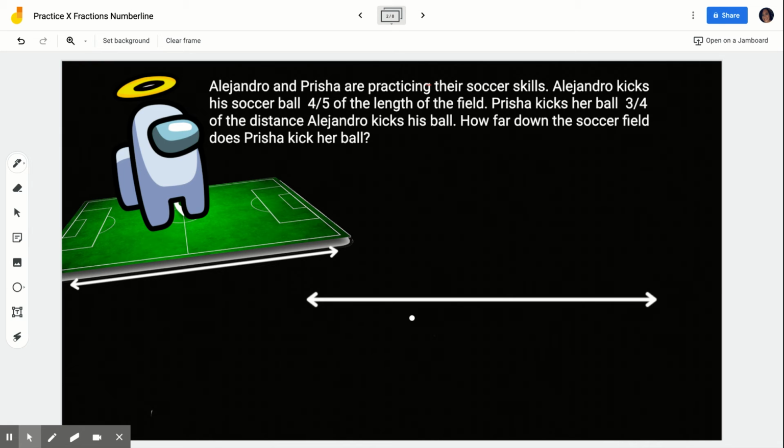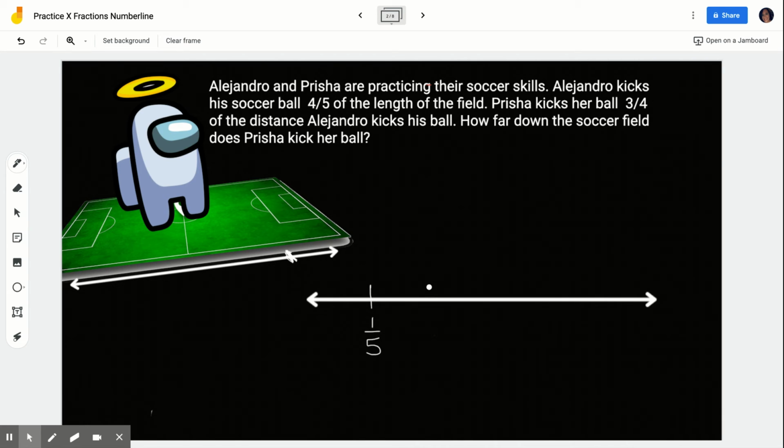So it's important to recognize that Alejandro did not kick it all the way down the field. The whole field would be 5/5. He kicked it almost all the way down. So let's go ahead and represent our fraction number line in fifths.